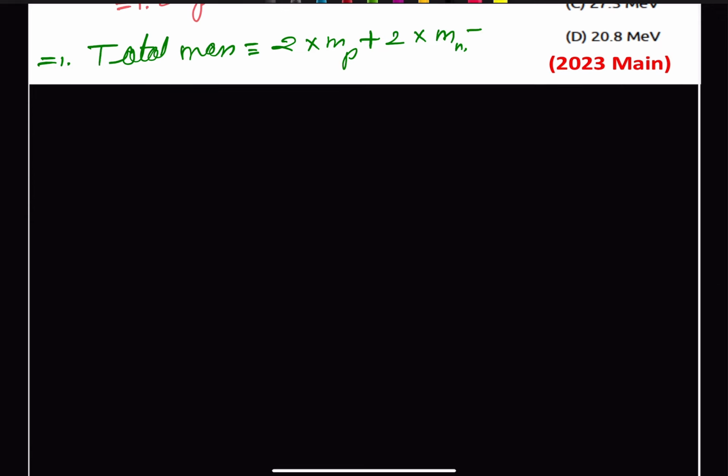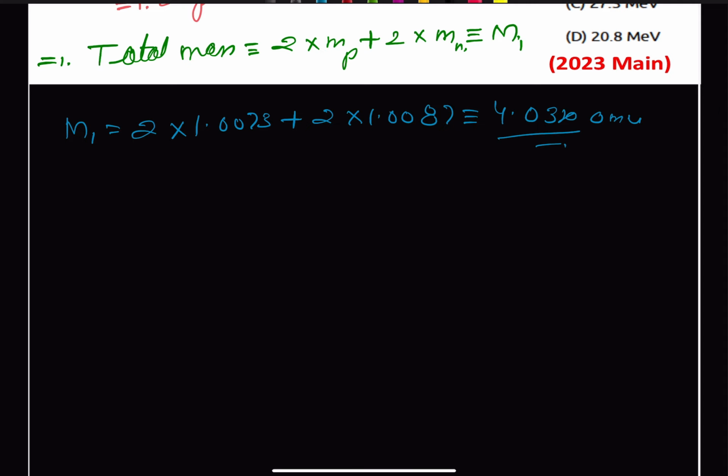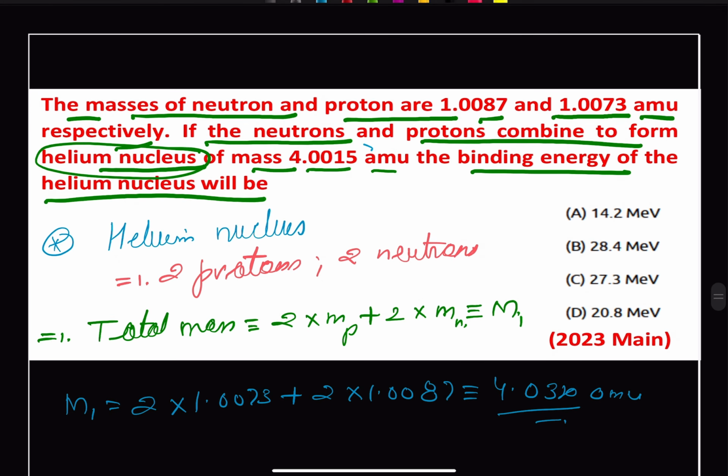Let us suppose this total mass is M1, and we substitute the values. We get M1 is equal to 2 times 1.0073 plus 2 times 1.0087, and this comes as 4.0320 AMU, and the mass of helium nucleus is given to us as 4.0015.